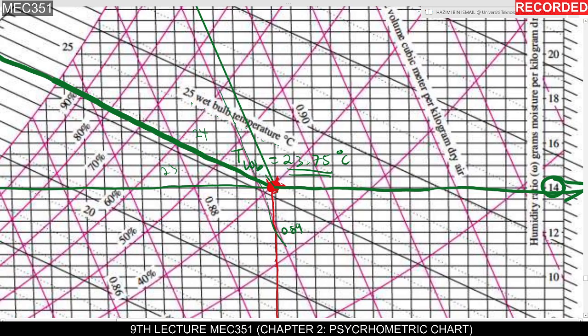So our value, the specific volume, must be lower than 0.9 but more than 0.89. And then you have to estimate. So I think it is approximately around 0.89.